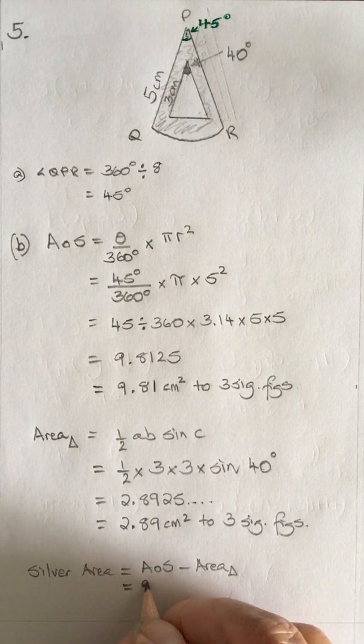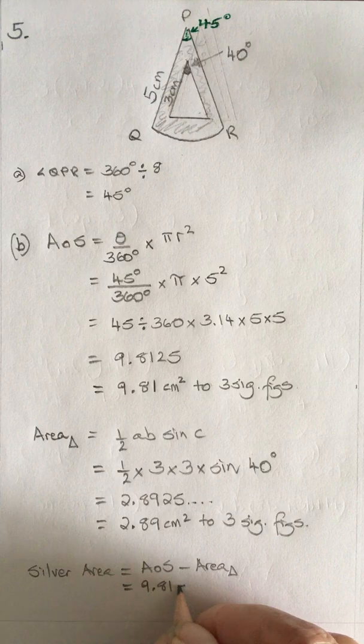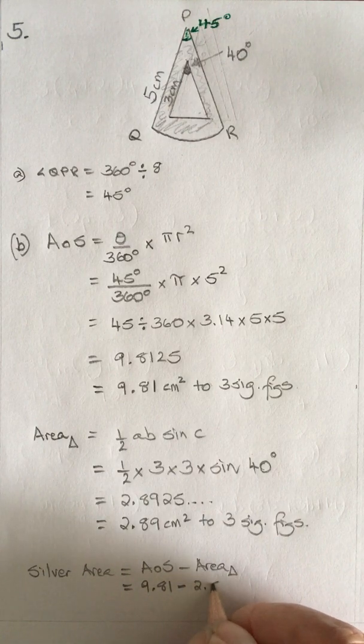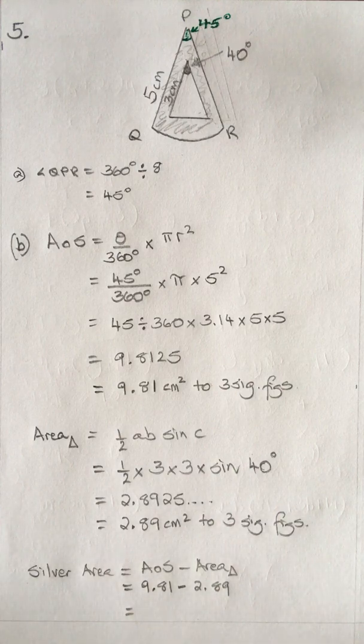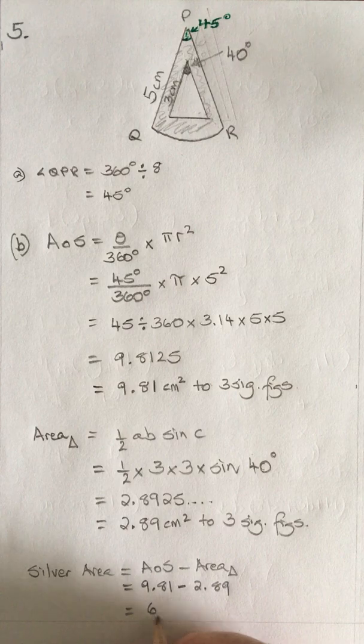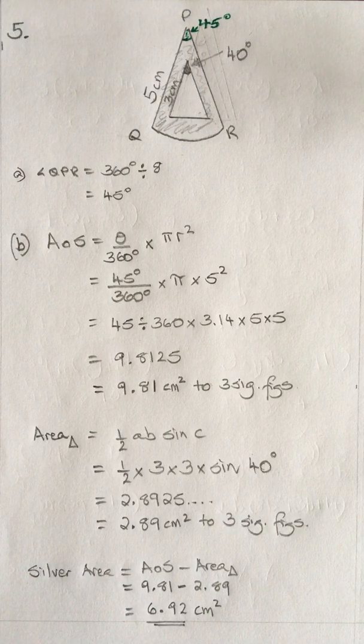So that is 9.81, take away 2.89, which is 6.92 square centimetres. Okay, so that's the answer to question 5. Thanks very much for listening.